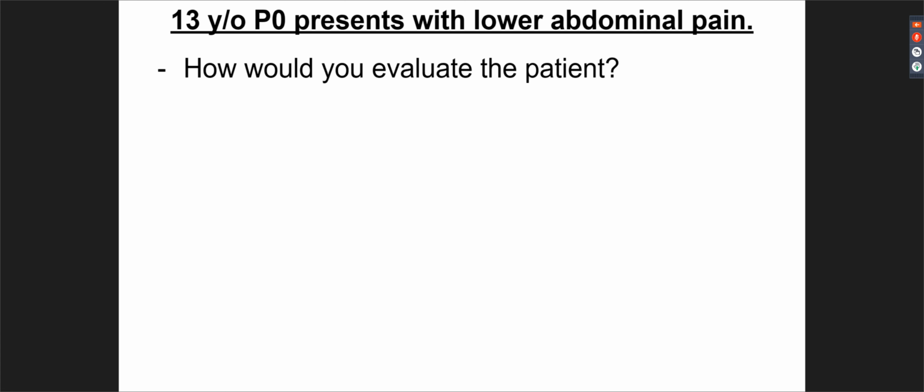Whether there is any radiation. Also severity, and associated symptoms of nausea, vomiting, diarrhea, headache, feeling chills. Then I will want to know if she's sexually active, and her history of menstruation, then last menstrual period.